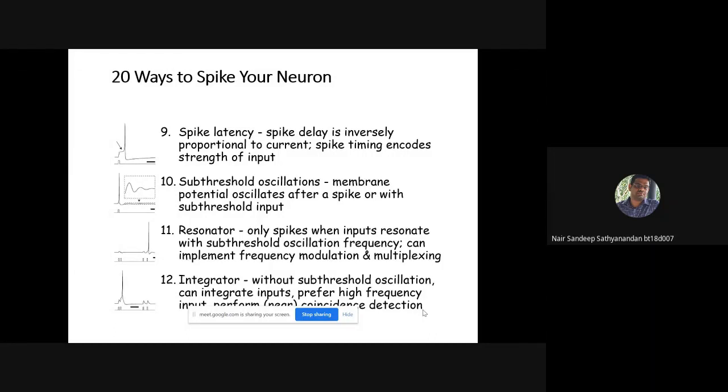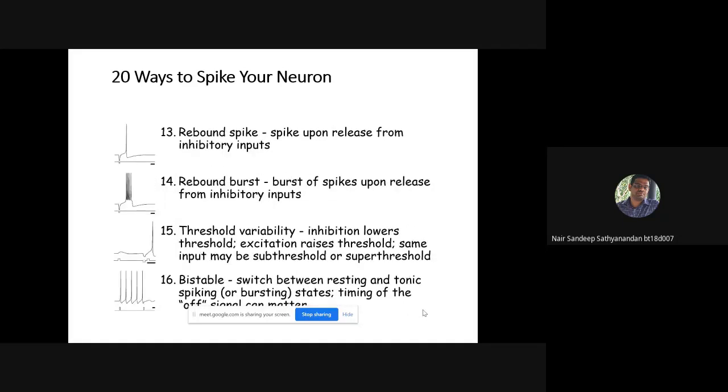When the peak of the subthreshold oscillation matches the input provided, it will resonate and then a spike is produced. Then there is the integrator, which without subthreshold oscillation can integrate the inputs coming from multiple dendrites, with a specific frequency. Then the rebound spike, this is about the inhibitory inputs.